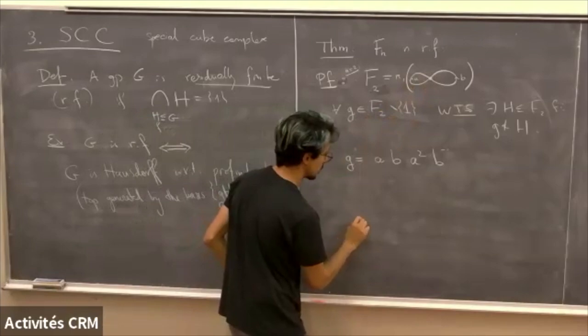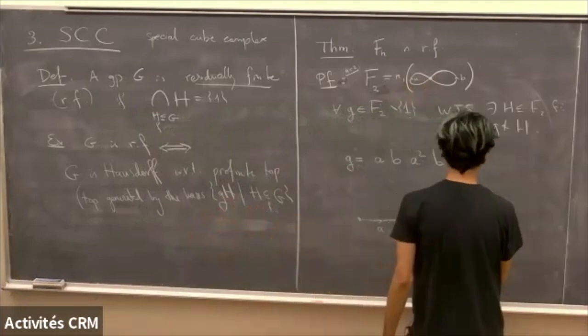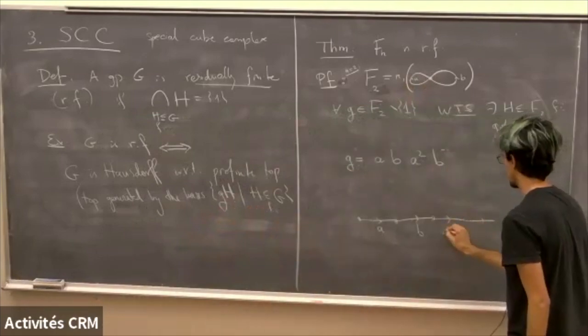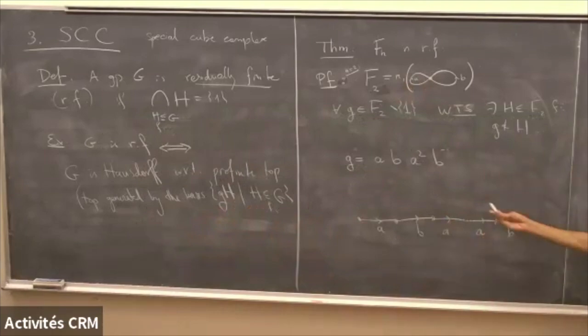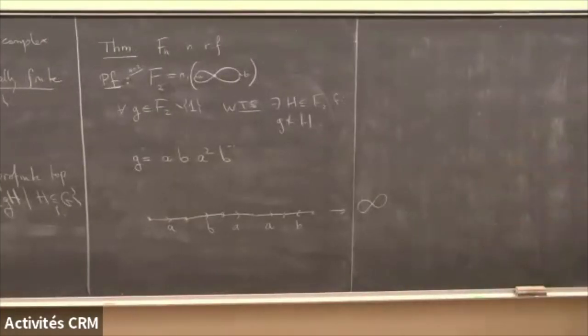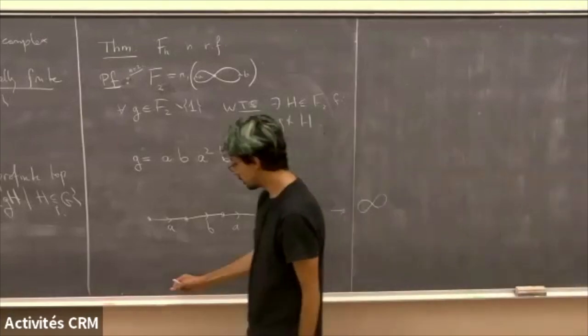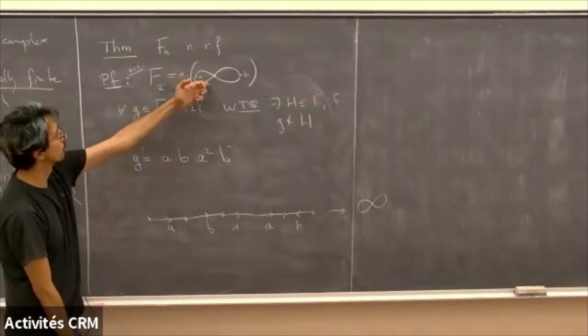So I do A and then B and then A squared and then B inverse. So I have this path that maps into the rose, and the image of this path would be a graph representing g. And the trick would be to turn this path somehow into a finite cover of the rose.